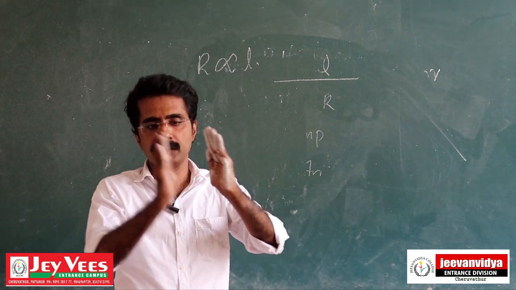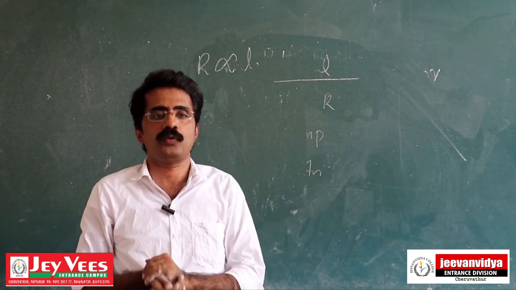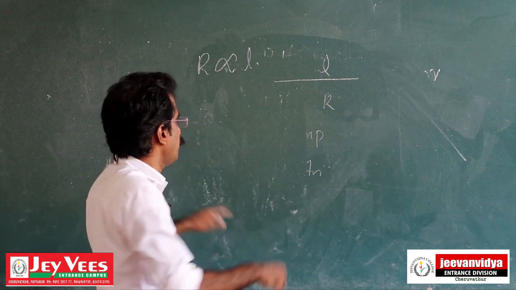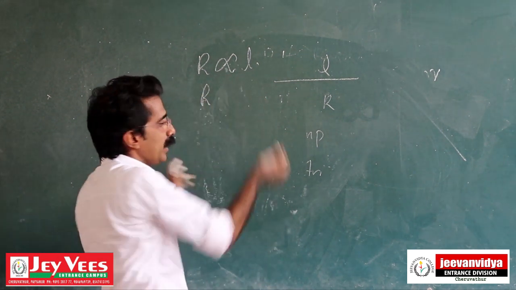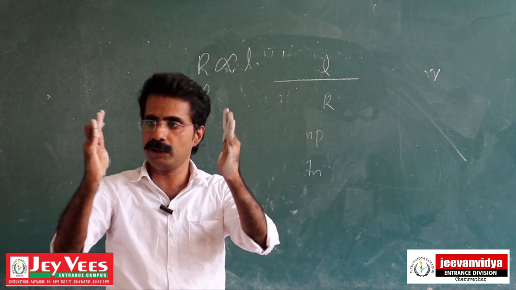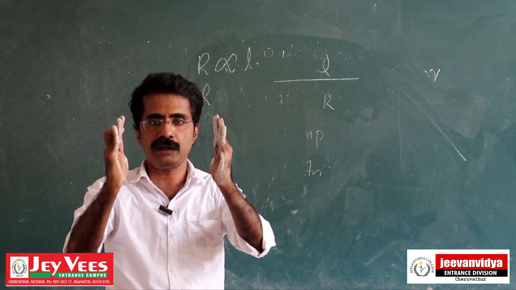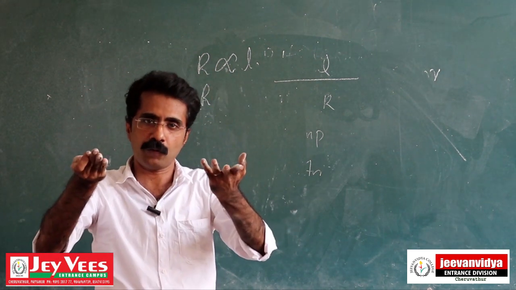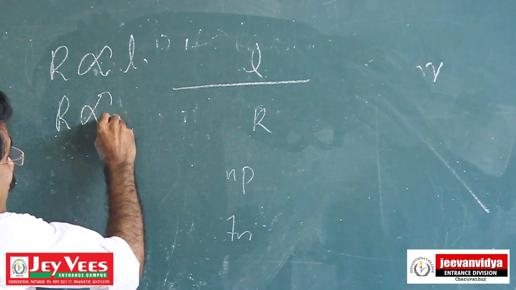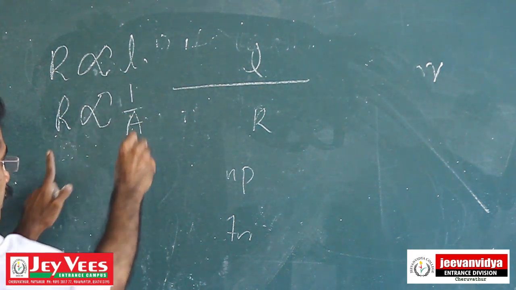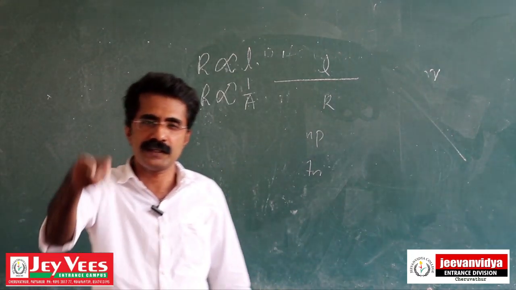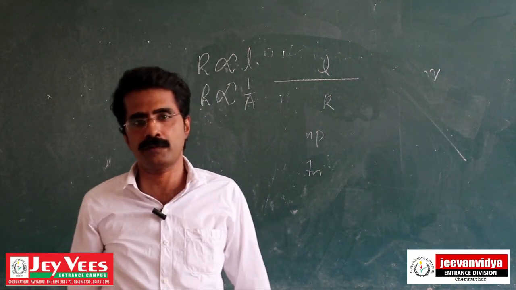Now if we reduce the length, the thickness increases and the area of cross section increases. When the area of cross section increases, resistance is inversely proportional to it, while it is directly proportional to length. The resistance is directly proportional to 1/A, which means resistance is inversely proportional to area of cross section.